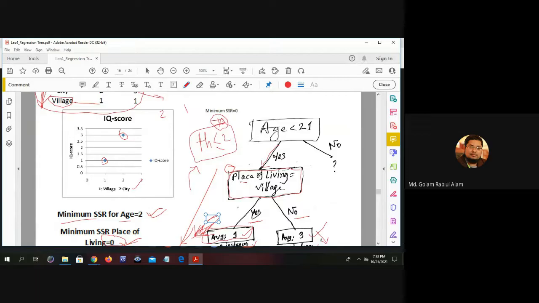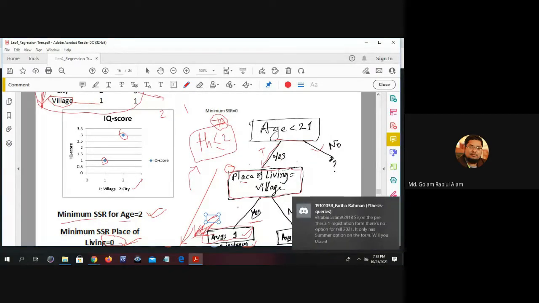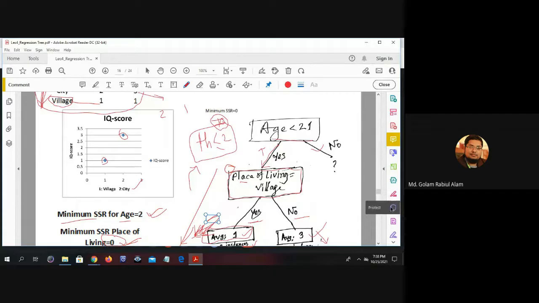Now what I have to do is think about this side. That means when this condition is false. If this is true, we already expanded this side. But how can we think about this? That is for the case of false.